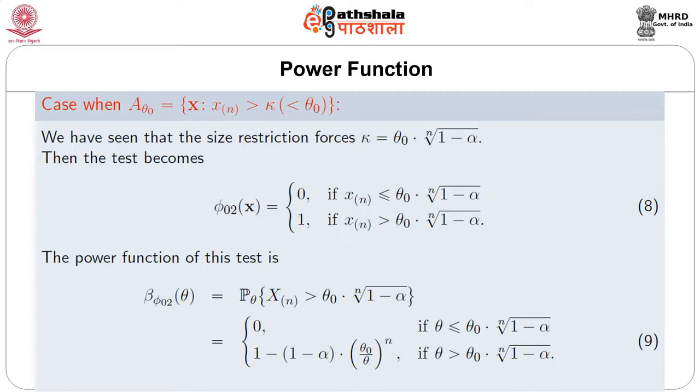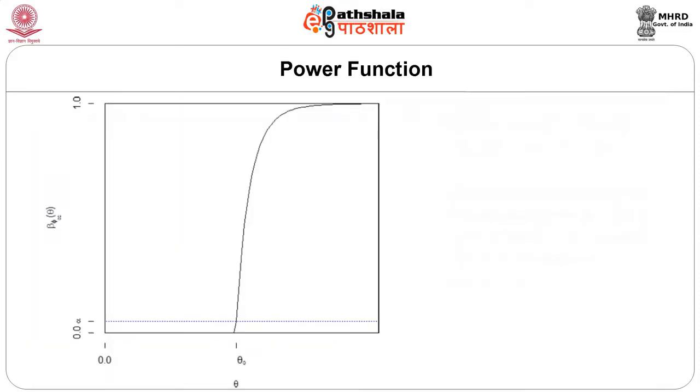We have shown that the probability x n greater than b is 0. And if theta is greater than theta naught times 1 minus alpha to the power 1 by n, it is 1 minus alpha theta naught by theta to the power n. This is the power function.